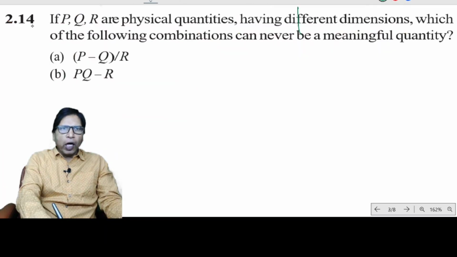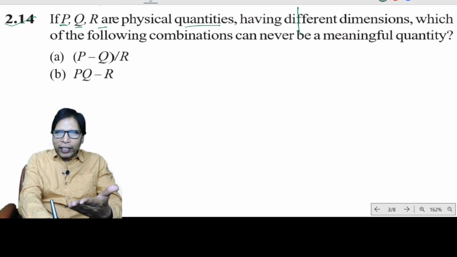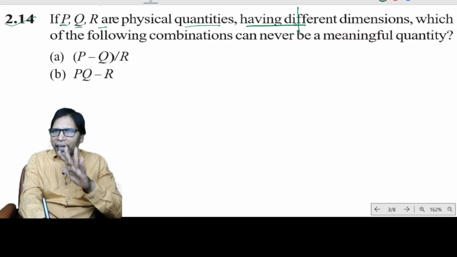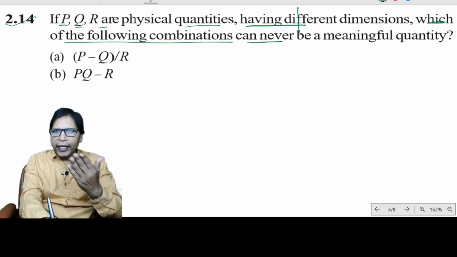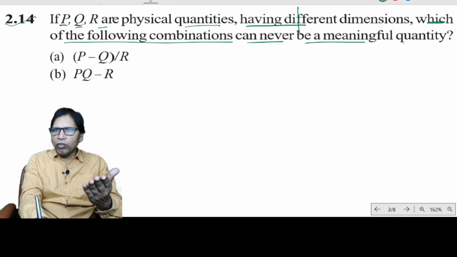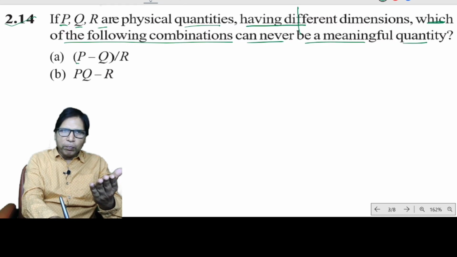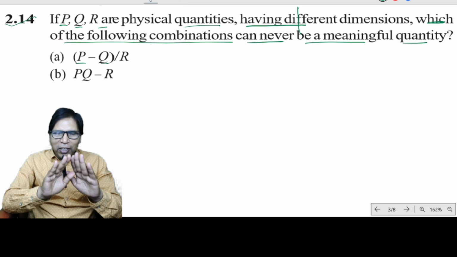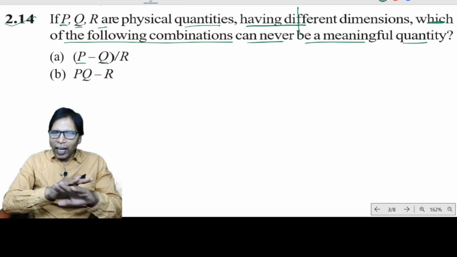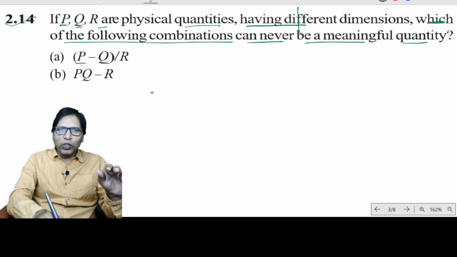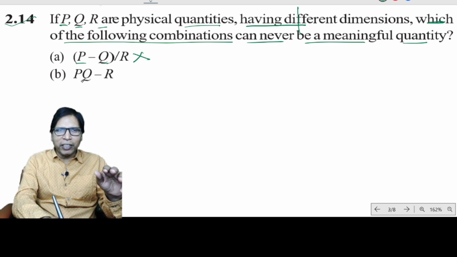Okay. Now question number 2.14. If P, Q and R are physical quantities having different dimensions, which of the following combinations can never be a meaningful quantities? Look at this, P minus Q. Two different physical quantities cannot be subtracted. So this is the incorrect statement.